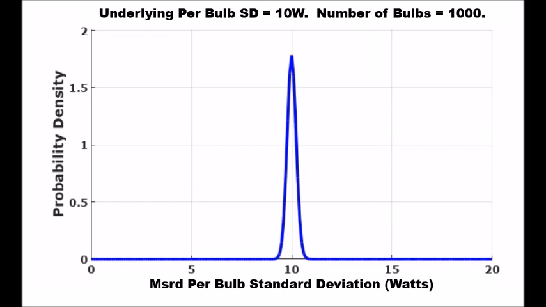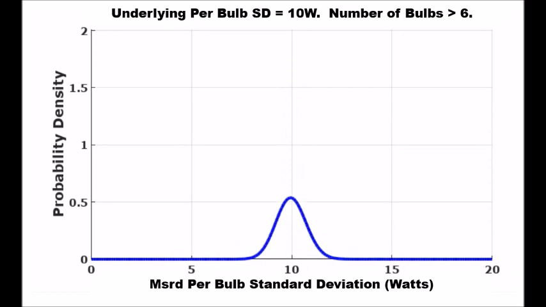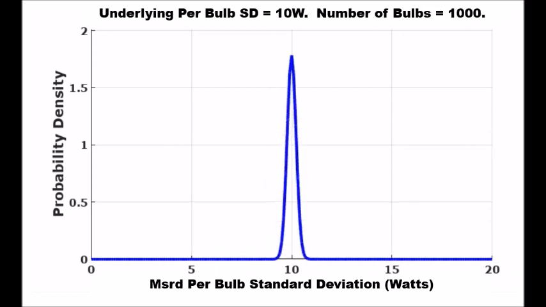Here's that little clip again. Can you see where this distribution is headed as the number of bulbs heads towards infinity? Clearly, the measured per bulb standard deviation, on average, will get closer and closer to our underlying per bulb standard deviation. With 1,000 Brighty bulbs, we would know that our underlying per bulb standard deviation is quite close to 10 watts.